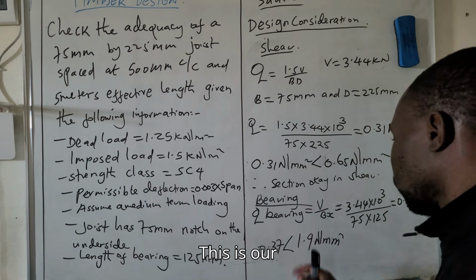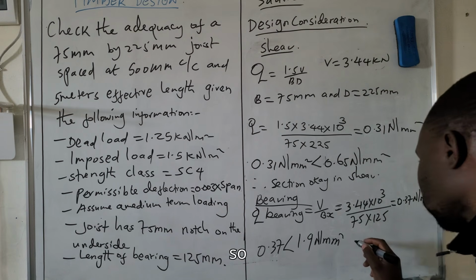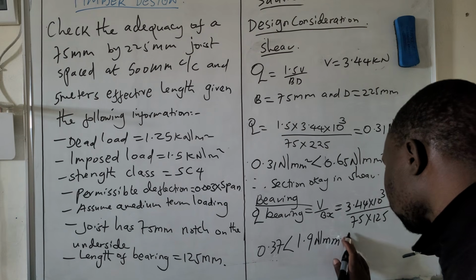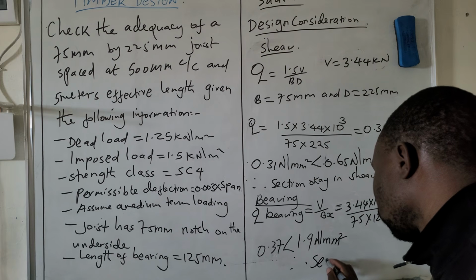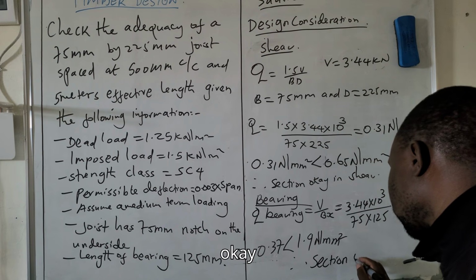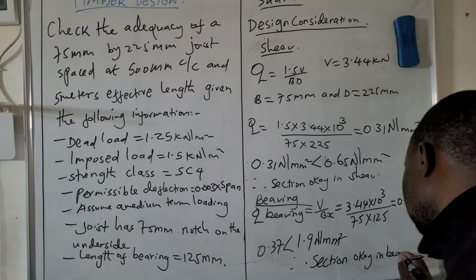This is our permissible stresses perpendicular to grain in compression. So therefore, section okay in bearing.